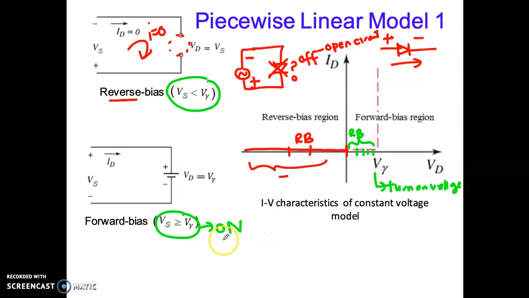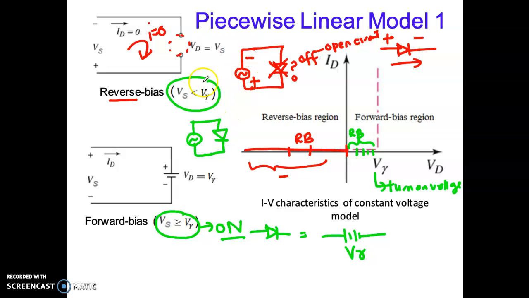When the diode is on, you need to replace your diode with a voltage source called V gamma. If we redraw the circuit, this is your sine wave and this is your diode.